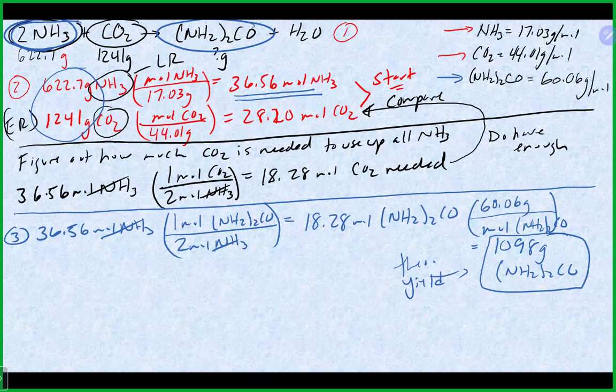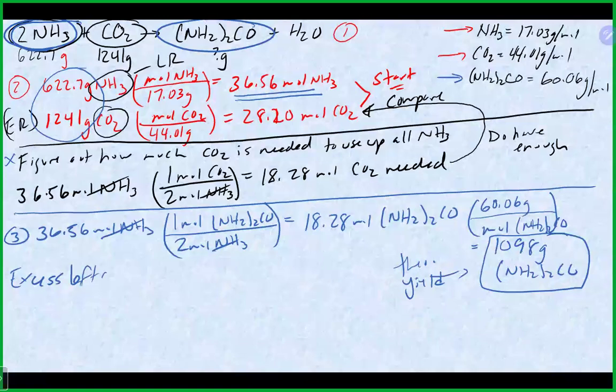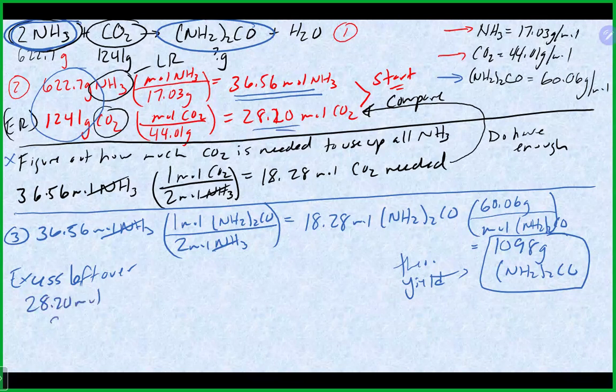Again, it wasn't necessarily asked here, but if I wanted to know how much of my excess reagent is left over, because I actually chose correctly in this case, I could quickly calculate that. For the excess left over, we take our excess starting amount, 28.2 moles, minus what we calculated we needed, 18.28 moles.